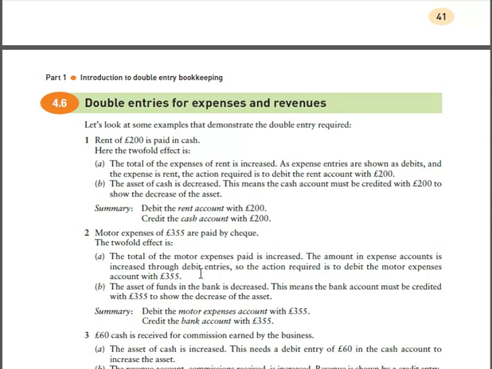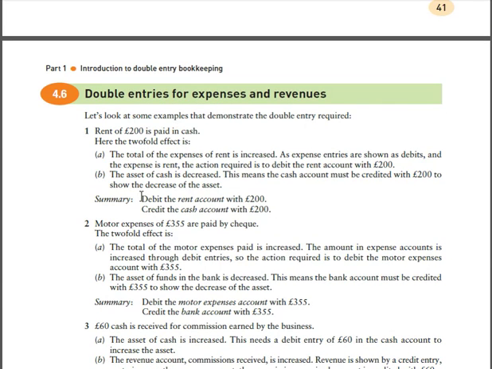Moving on to the second transaction. Motor expenses of 355 are paid by check. Looking at the two effects, one is clearly a motor expense, which is an expense account.